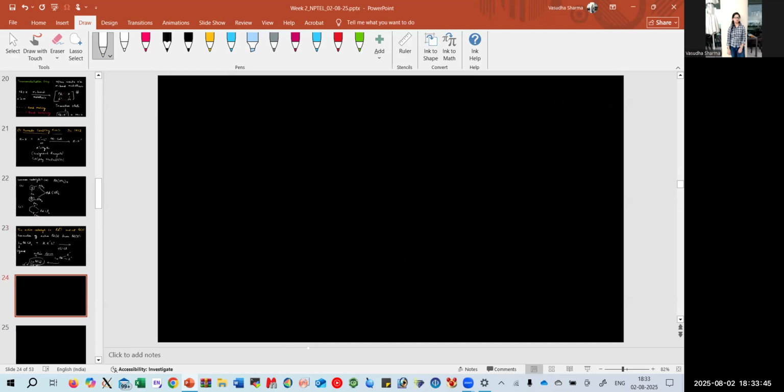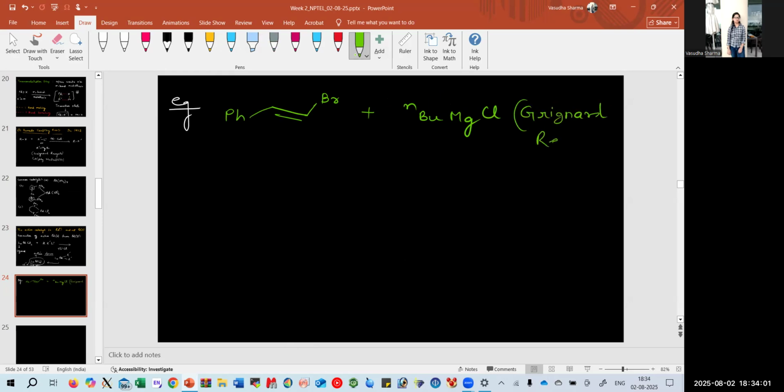One example that we are going to take: we have an alkenyl bromide source and butyl MgCl, which is a Grignard reagent, in the presence of a catalytic amount of Pd(dppf)Cl2.